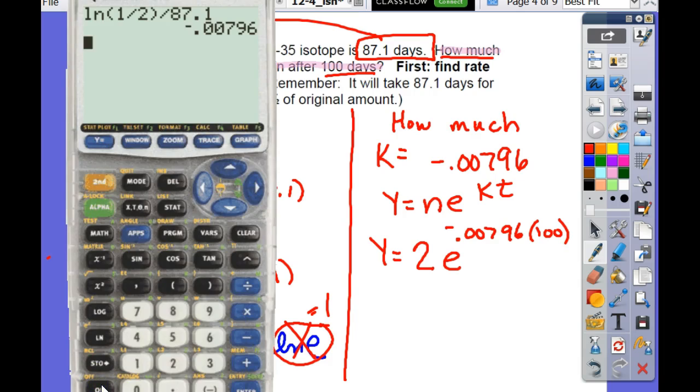So in your calculator, you're going to put 2 times e. Do you remember where the e is right here? So you push second e, negative 0.00796 times 100.